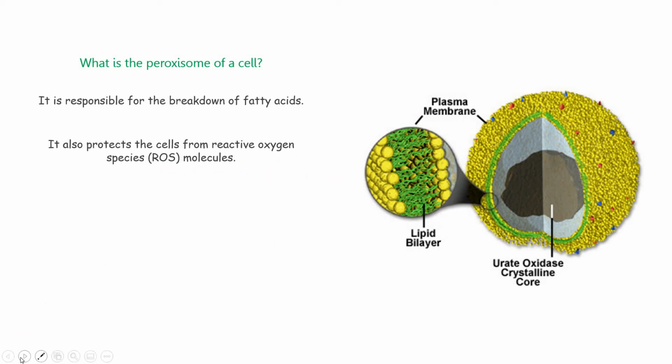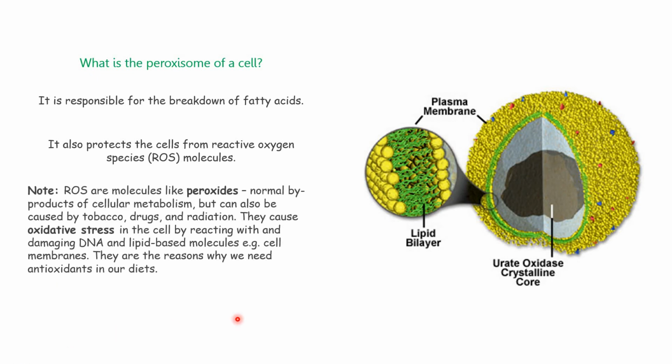Now, what are they? What are reactive oxygen species? They are like peroxides. Okay, so they are like peroxides, normal byproducts lang sila naman ng cellular metabolism. Kumbaga, yung natural na ginagawa ng cell na pag-metabolize ng mga bagay-bagay, pag-take in at release, pag-take in at pag-release ng mga materials at pagpa-process ng mga materials in between.